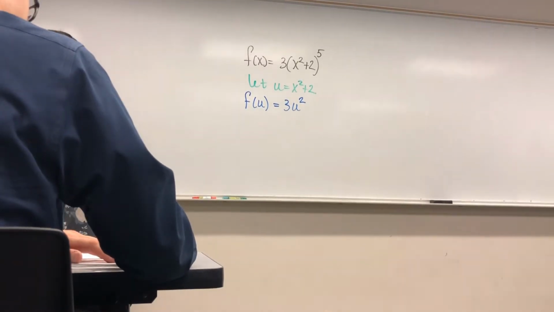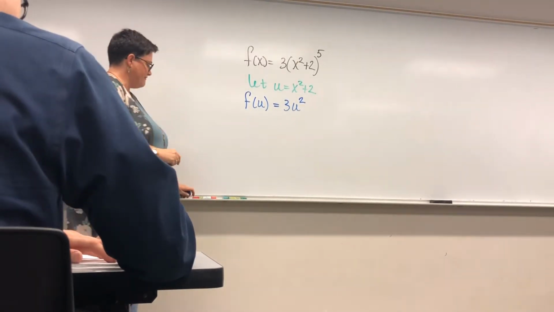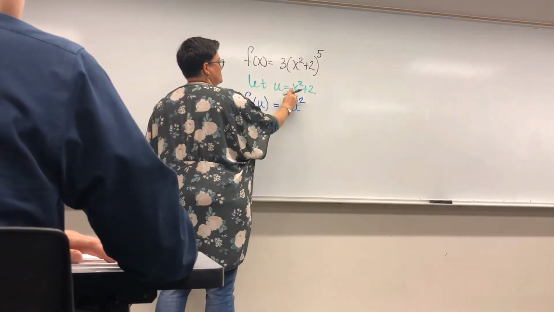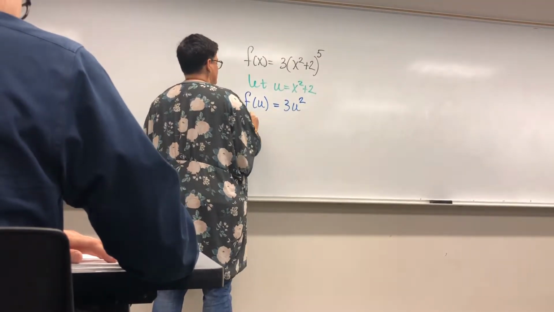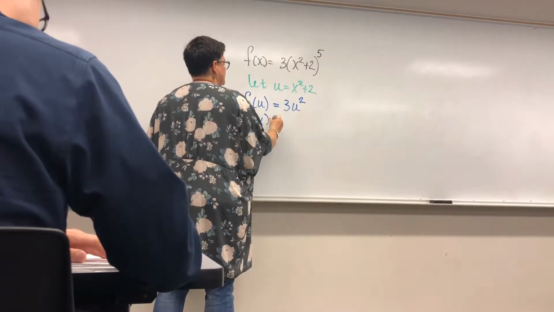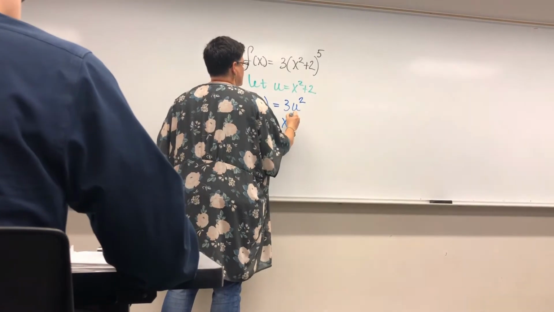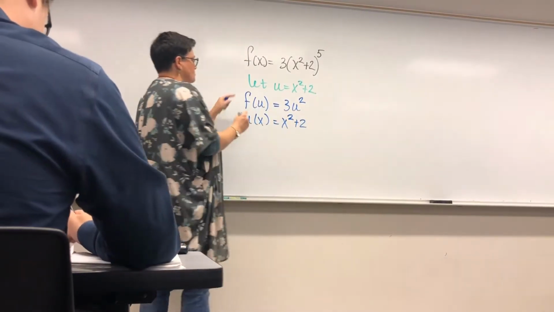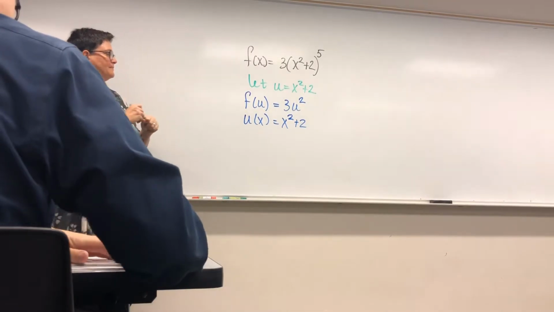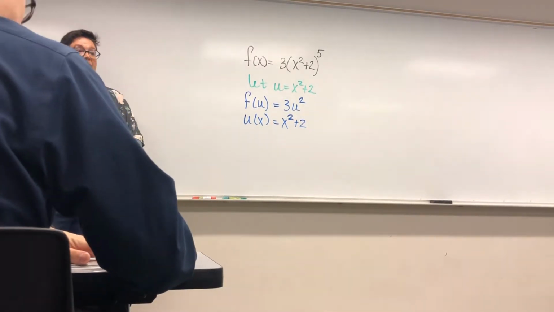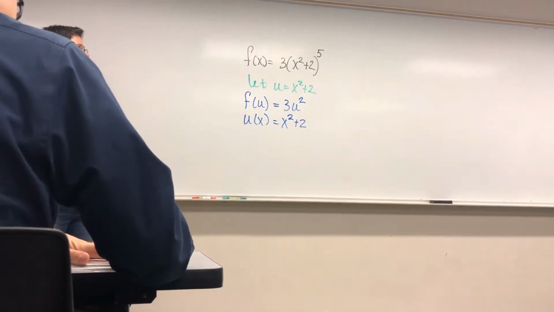You guys with me? And then u would be a function of x, wouldn't it? Because u has an input variable of x. So u is a function of x, and that equals x squared plus 2. So I'm just rewriting what I did in green. So far, so good?